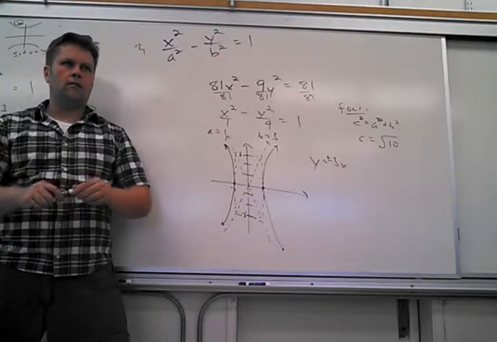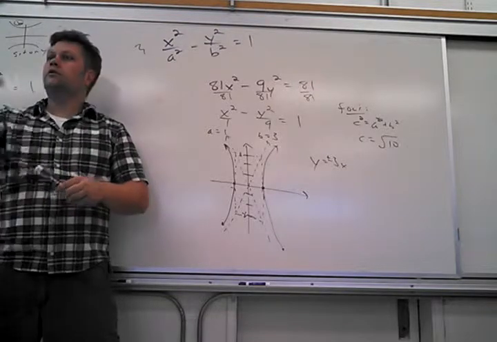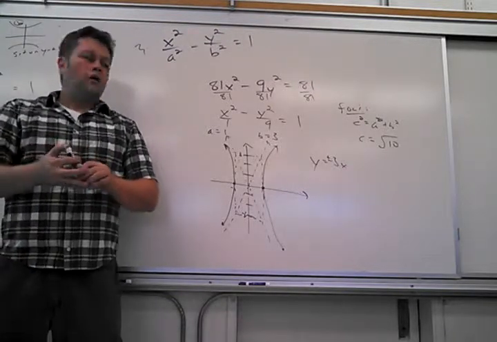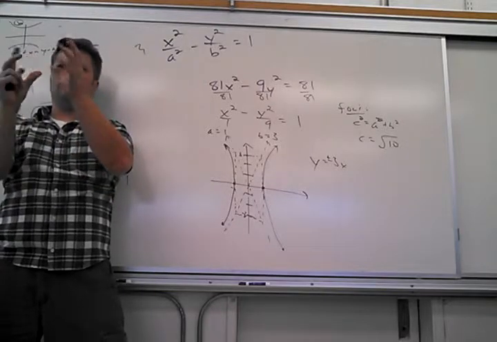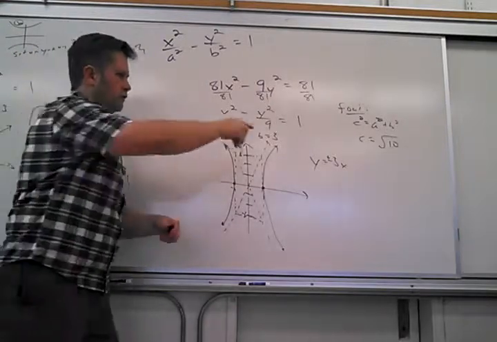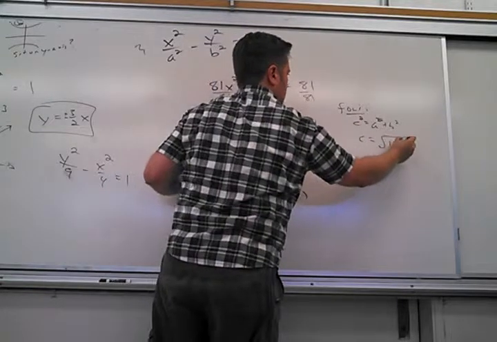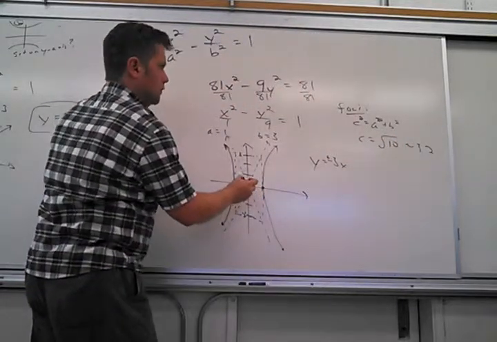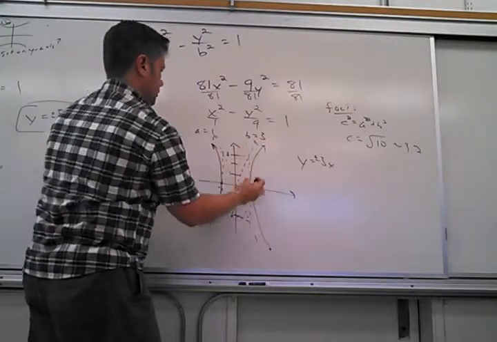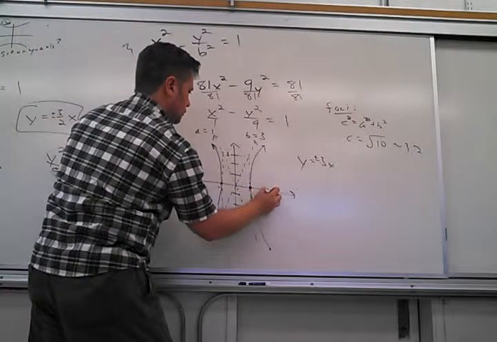Okay, yes, sir? What was the point of the foci? The foci are really just part of the definition of it. What's the square root of 10 approximately? 3.2. So along the axis here would be 1, 2, 3.2.